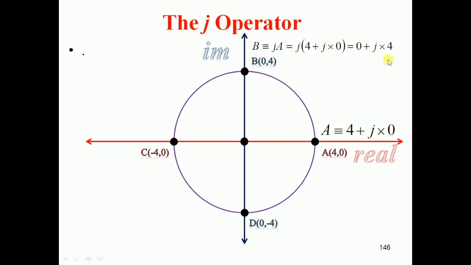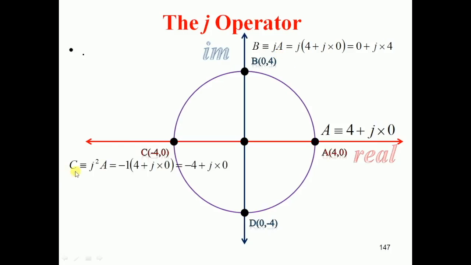It will now be j times 4 and 0. So the real coordinate is 0 and the imaginary coordinate is 4. So a 90-degree rotation we have devised using the operation of j on the point A.